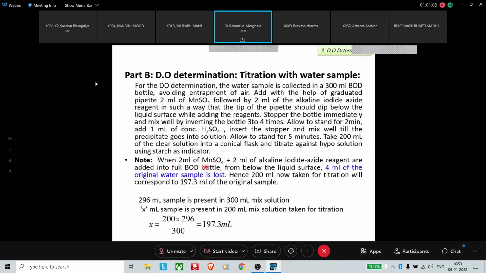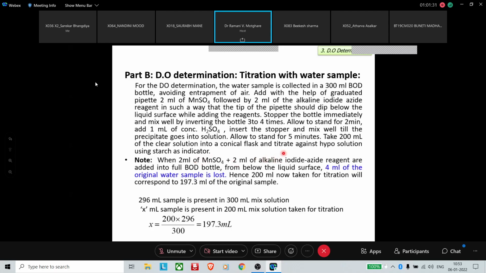Note, when 2 ml MnSO4 and 2 ml alkaline iodide reagent are added into a full BOD bottle from below the liquid surface, 4 ml of the original water sample is lost. Now this 4 ml which is lost is the part which had dissolved oxygen in it, and these reagents which are coming in do not have dissolved oxygen.